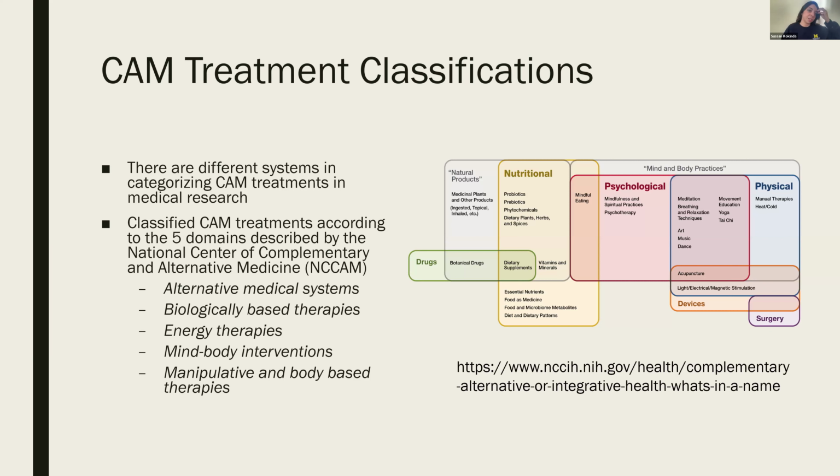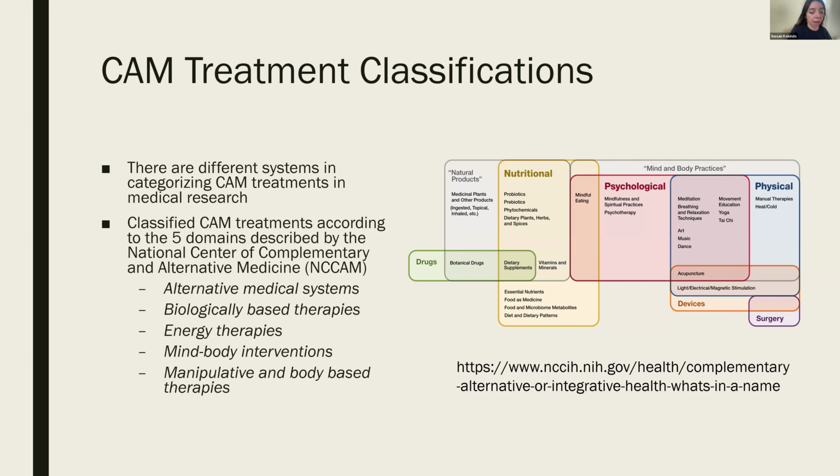They did mention renaming some of them, but for the purpose of the paper, they did categorize using this standard by the NCCAM, and the 5 domains were alternative medical systems, biological-based therapies, energy therapies, mind and body intervention, as well as manipulative and body-based therapies.